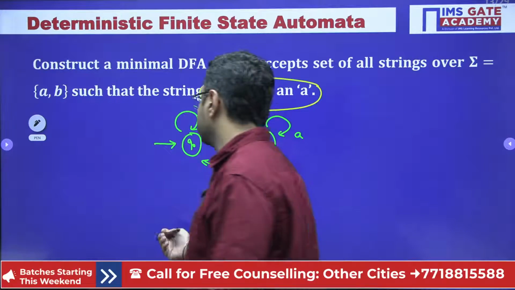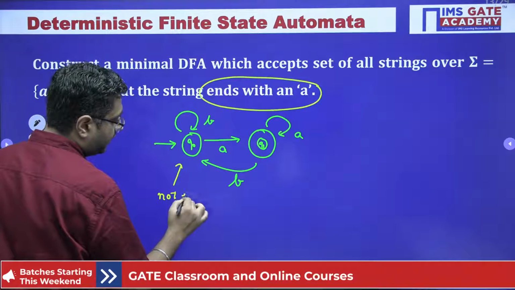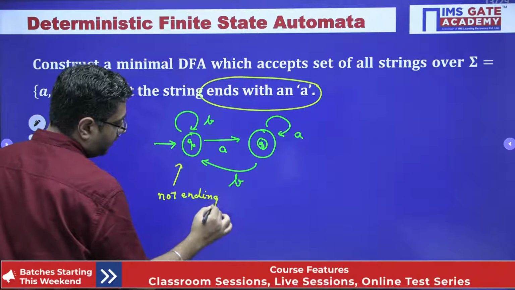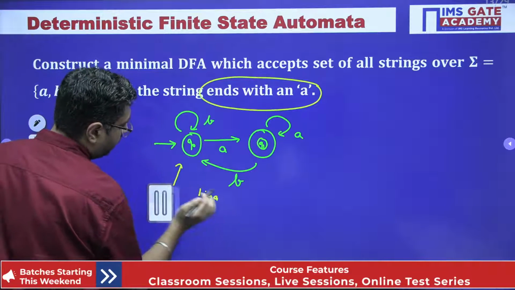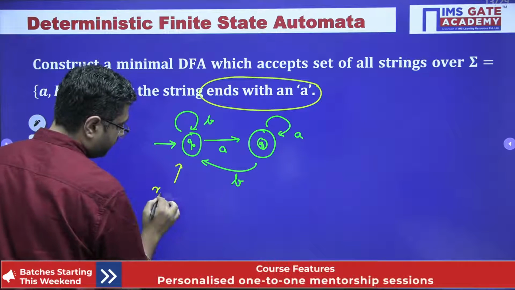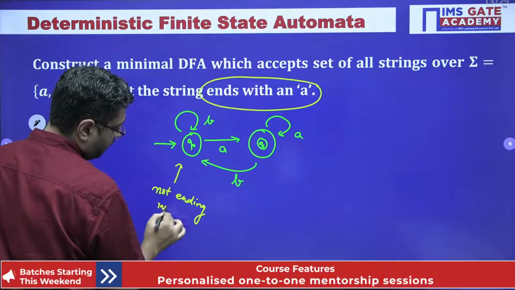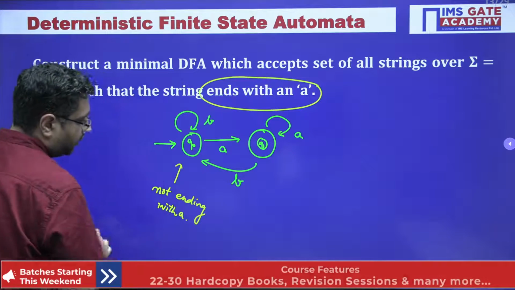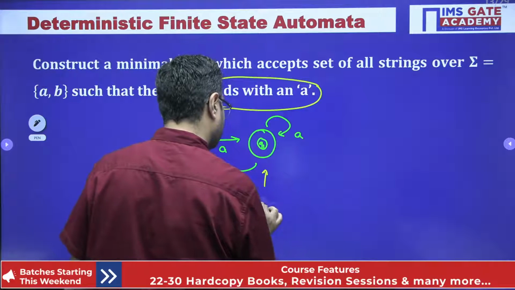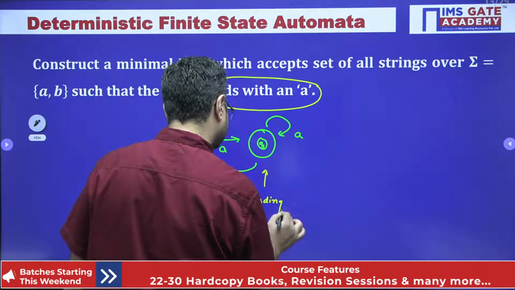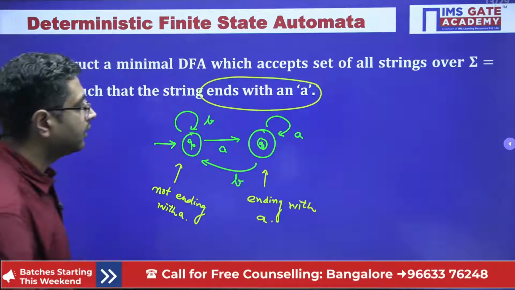So this state is representing not ending with a. This state is representing ending with a. Right? This is how you can draw it.